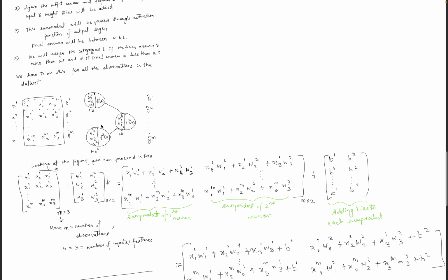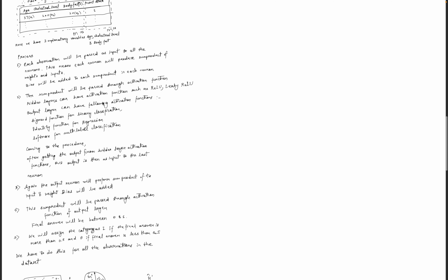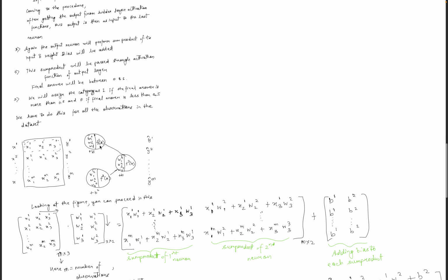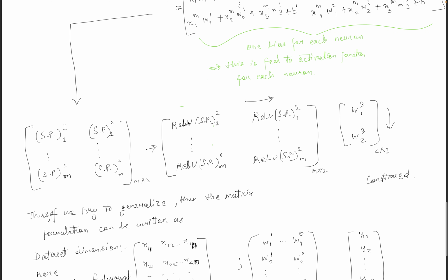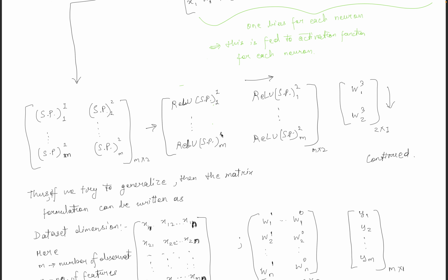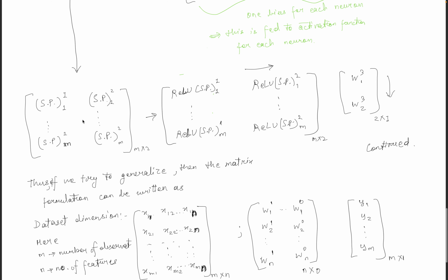Okay, now coming to the second step, this f of x is the activation function, and we just discussed that we used ReLU as the activation function of the hidden layer. So if we apply ReLU to the sum product of the first observation of the first neuron, nothing special, I am just simply applying ReLU on all of this.